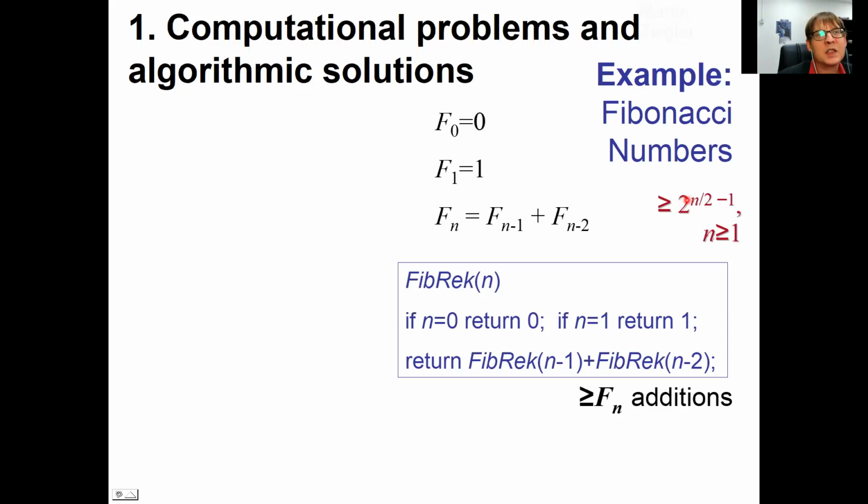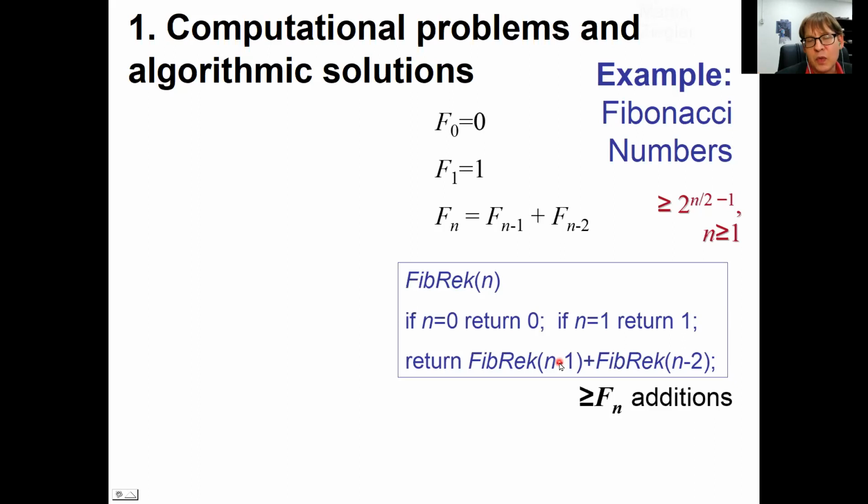Why is there so much cost spent by this seemingly very elegant, admittedly very elegant algorithm? Because so many of the small Fibonacci numbers are computed repeatedly. If you unroll the recursive calls here, then, for example, the Fibonacci number f2 is calculated when n is equal to 3.